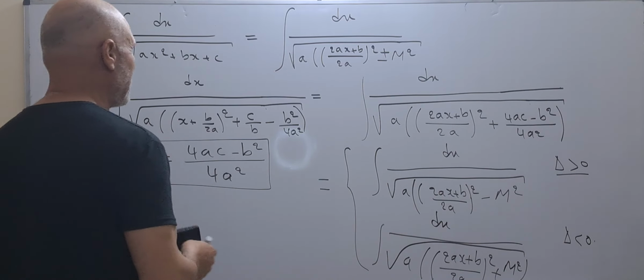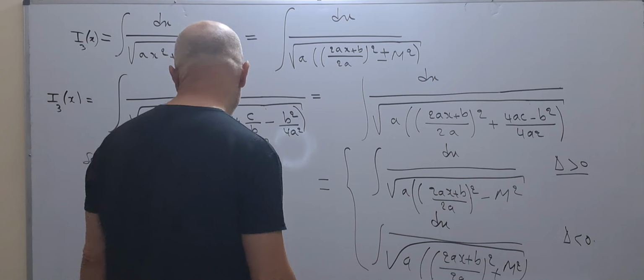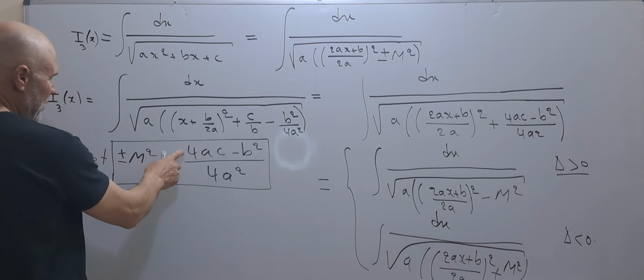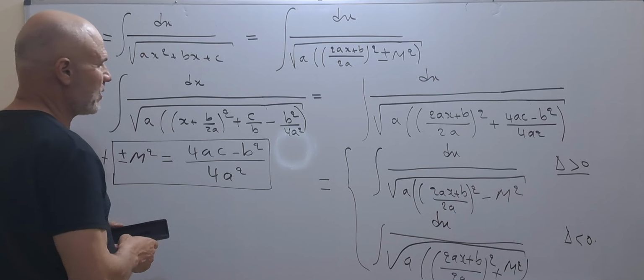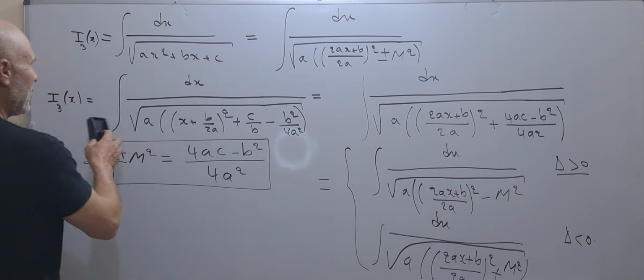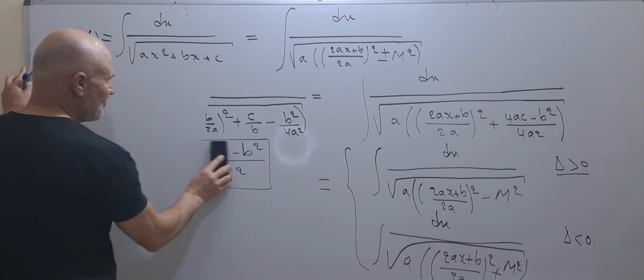We can take this form such that plus or minus m squared is equal to 4ac minus b squared over 4a squared. And here we can discuss cases.